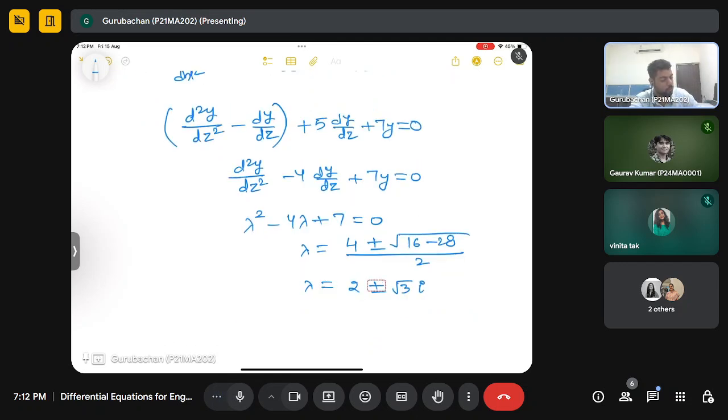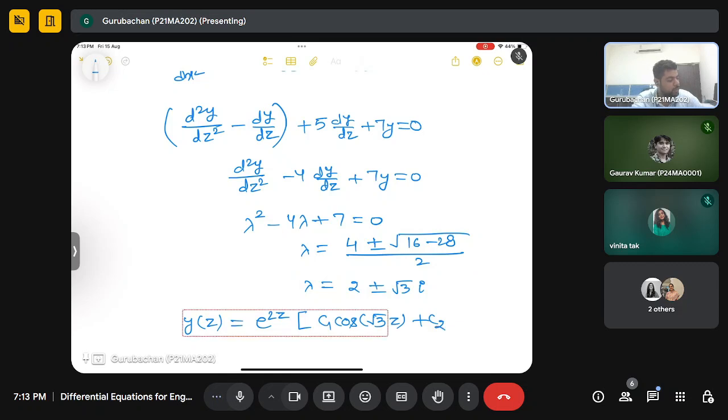So your general solution with respect to z will be e to the power minus 2z, c1 cos under root 3z plus c2 sin under root 3z. So this is your general solution with respect to z.